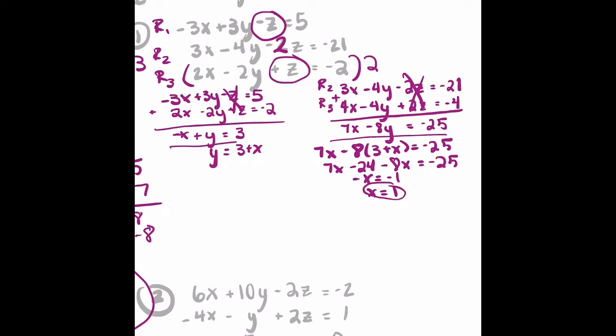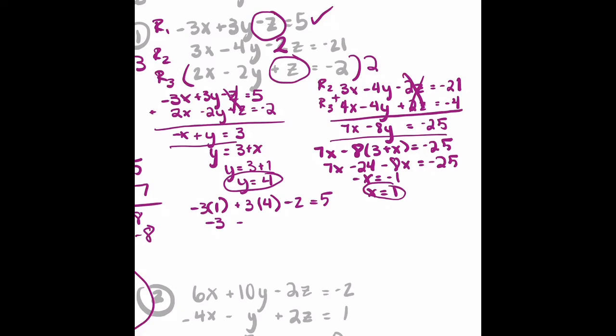And now I can go back to here and find that y equals 3 plus 1. So y equals 4. And now all I need to do is go back to an equation that had the z in it to plug in my x and y values. So I'm going to go up to this first one here. Plug in 1 for my x, 4 for my y, and leave z is what I need to find.